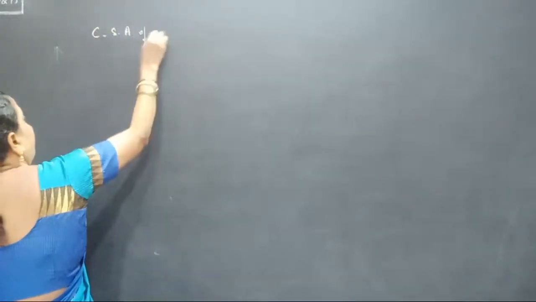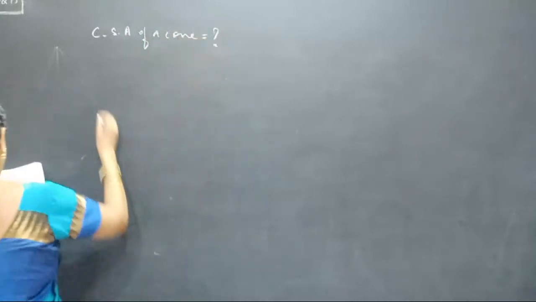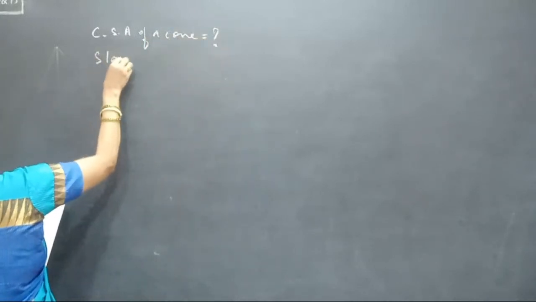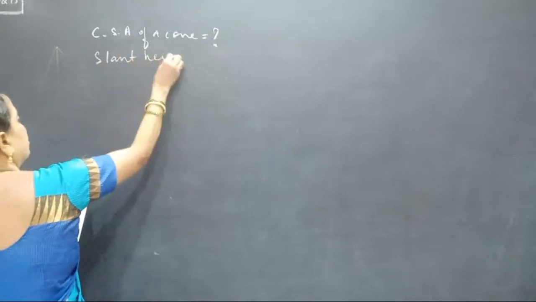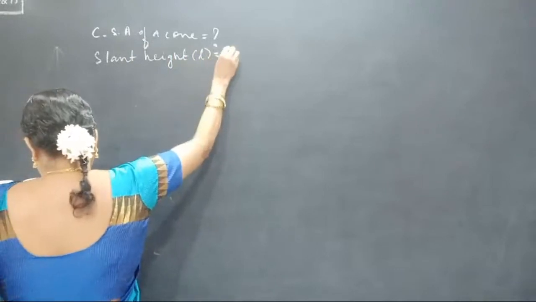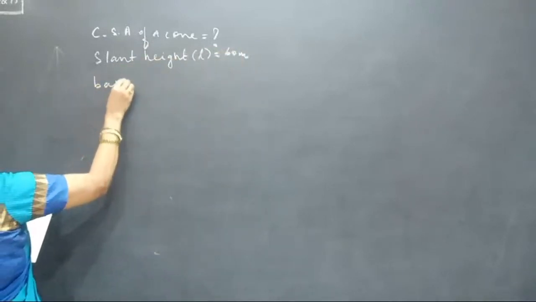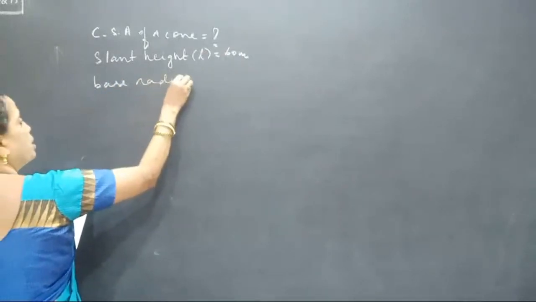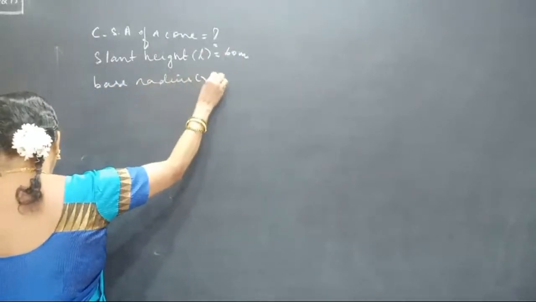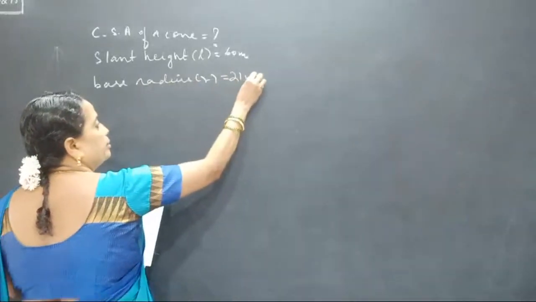It is given, you have to find the curved surface area of a cone, which is question mark, where its slant height L is given 60 centimeter and base radius R equals 21 centimeter. Please take down these points.